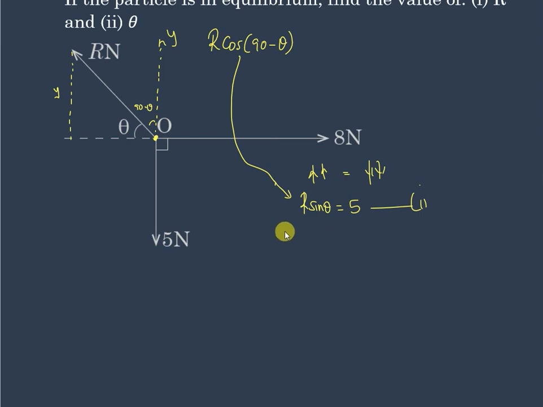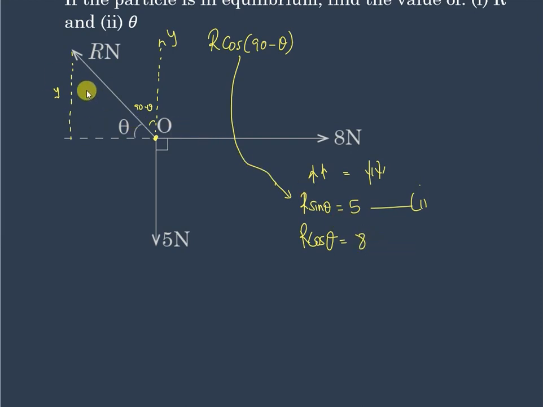Resolving horizontally, this is another thing you should write. We have that the horizontal component of r is r times the cosine of theta, and it is towards the left, so it should counterbalance the one which is to the right, which is 8.